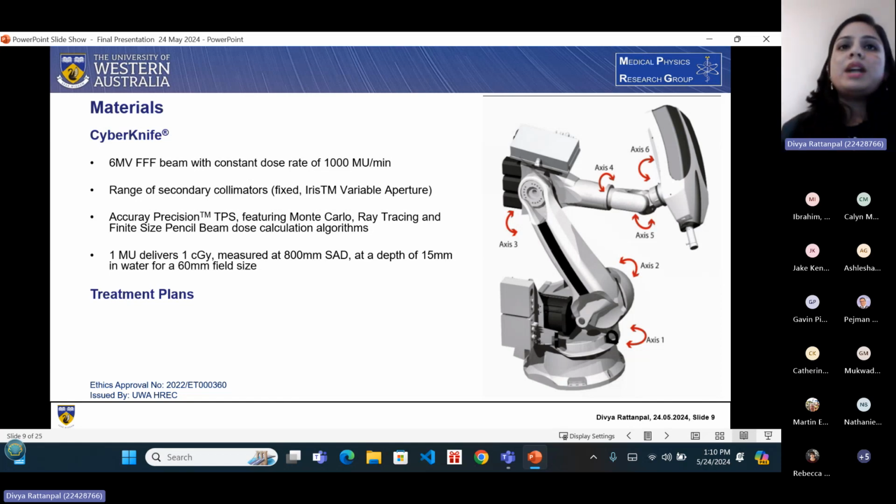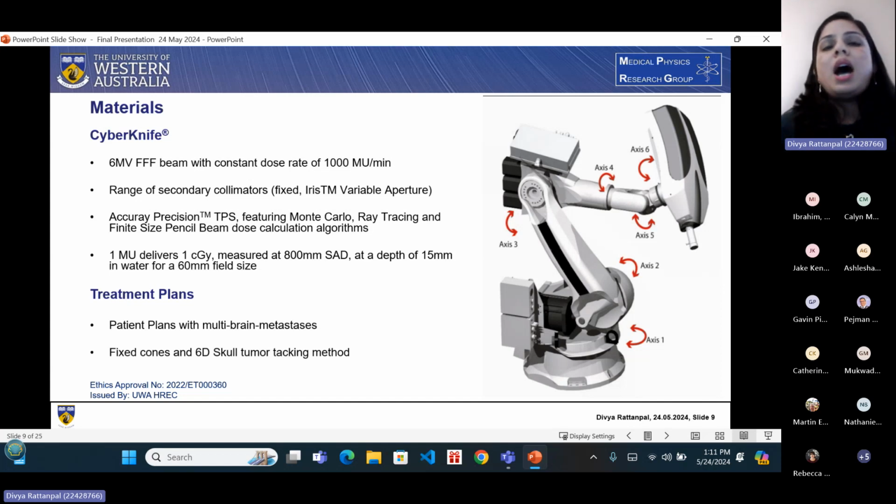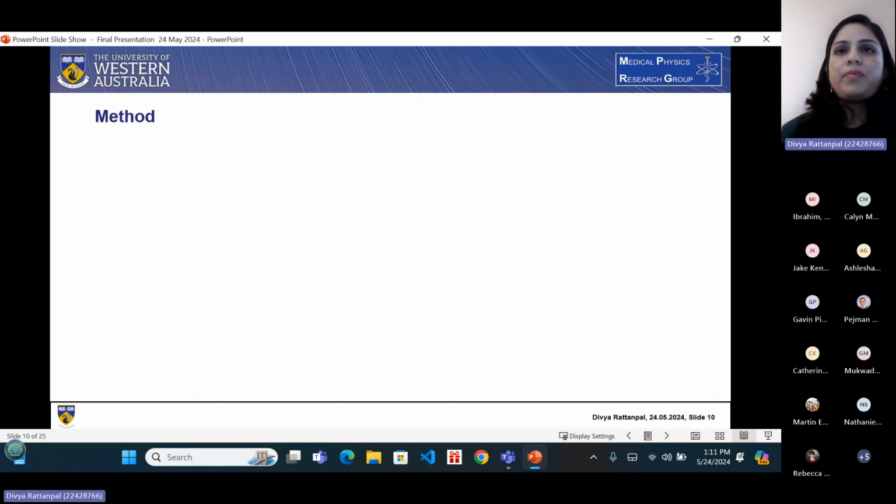The treatment plans were selected for patients with multiple brain metastases, and all the plans used fixed cones and the 6D skull tumor tracking method.